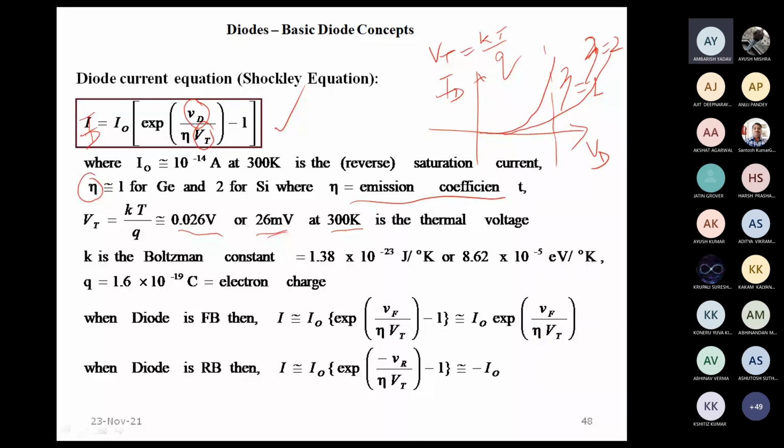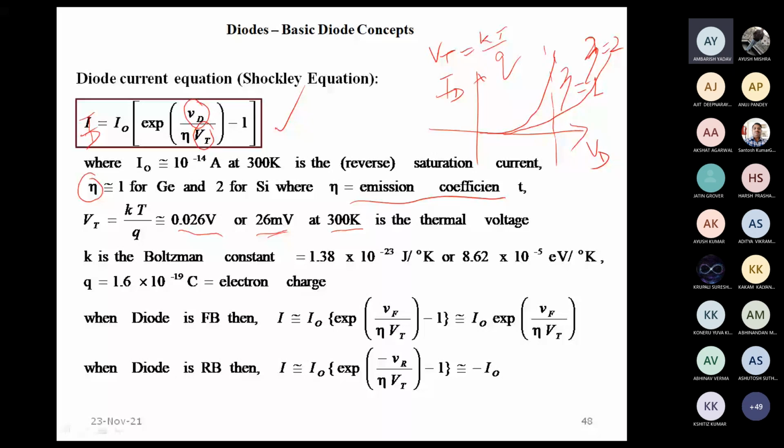This is the curve for current versus voltage. If eta is less, then we have a sharper rise compared to eta having a larger value.